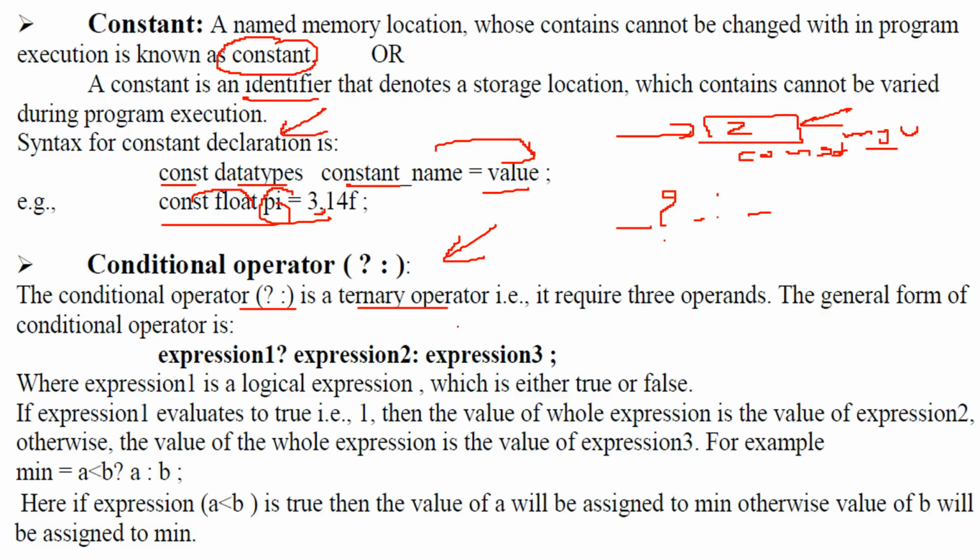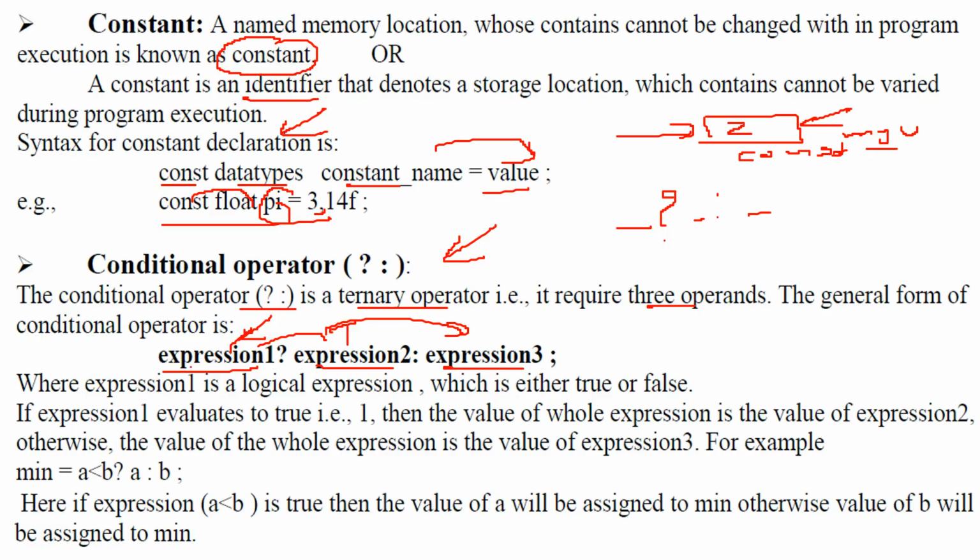This is also known as the ternary operator, so it requires three operands. The general form is quite simple. This is the expression, a logical expression, which gives you either true or false. If this expression is true, the next expression will be executed. Otherwise, the other expression will be executed.